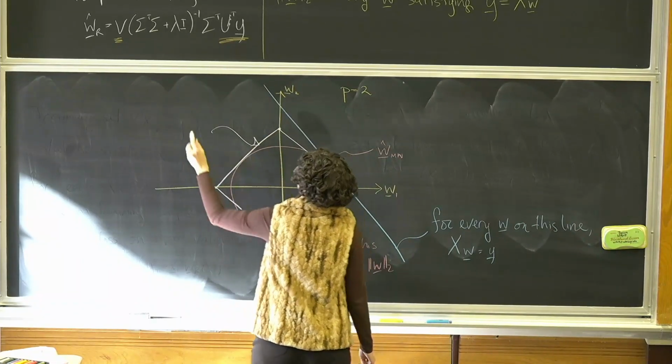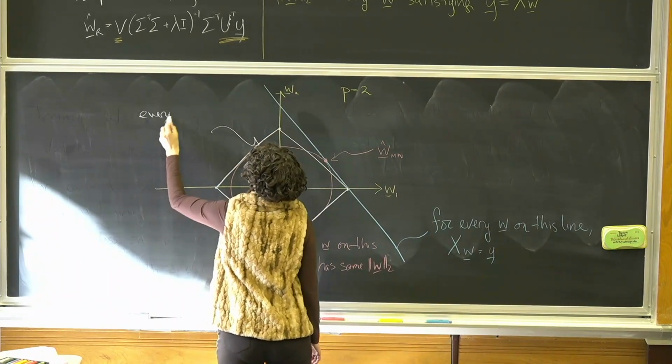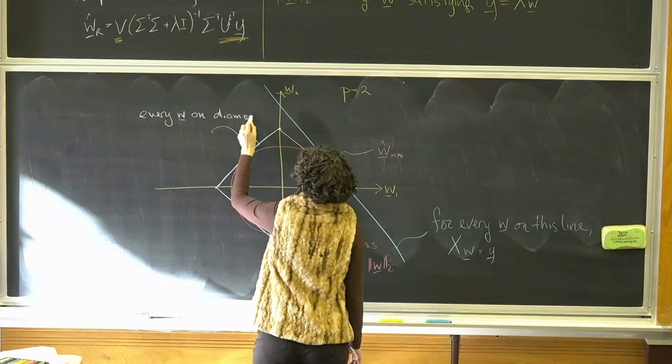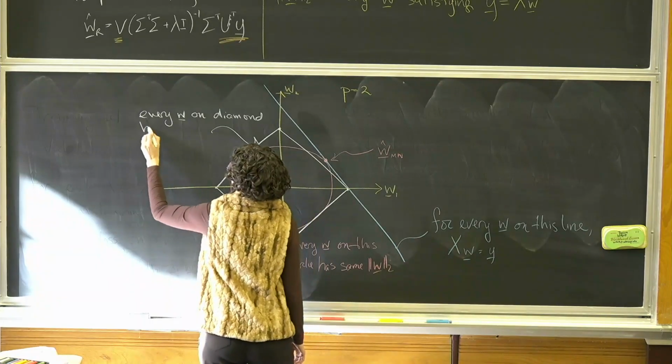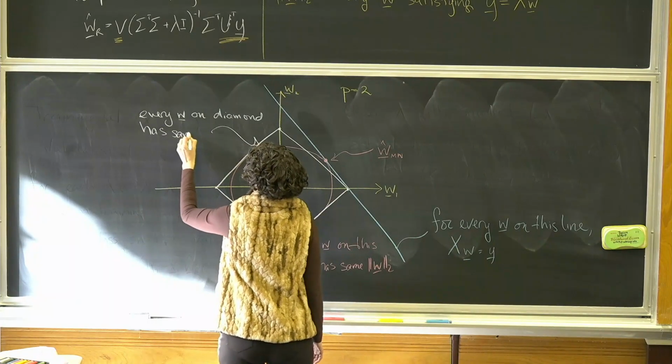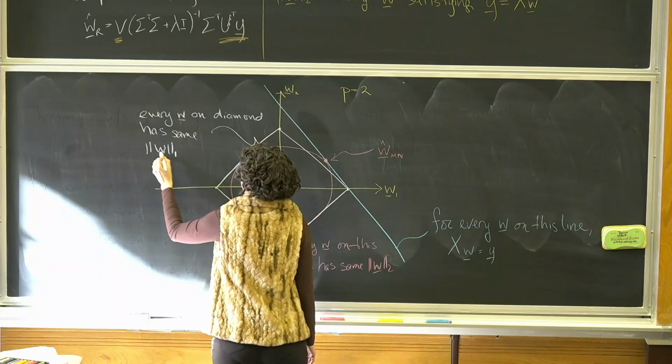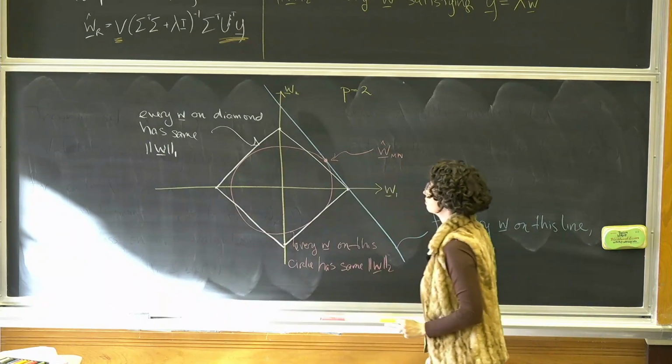So now every W on the diamond has the same L1 norm, or the same sum of absolute values.